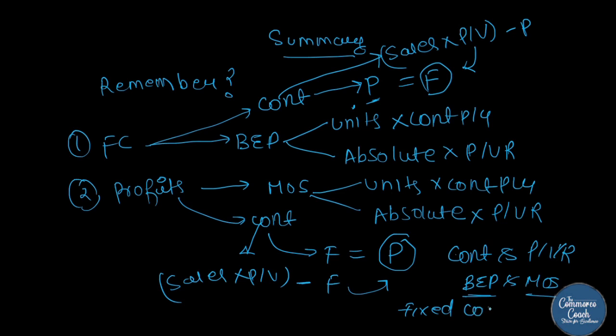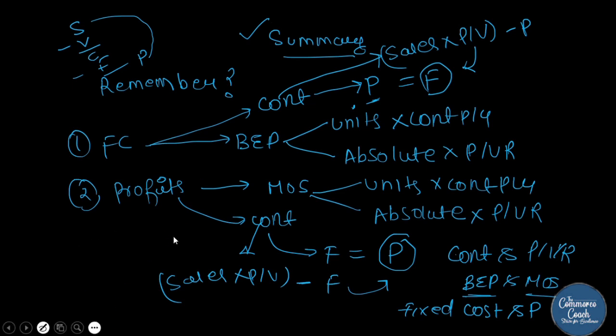Now I made a video on fixed cost and profit, closely related, and I am going with the flow of the statement, this income statement. So please note down the summary of today's lecture. It will help you a lot, because we have done fixed cost and profits, all the formulas.